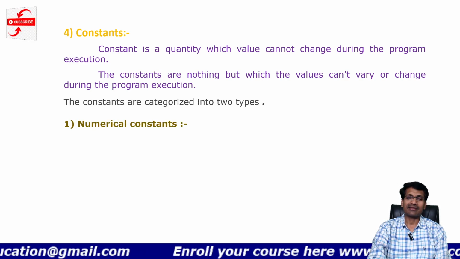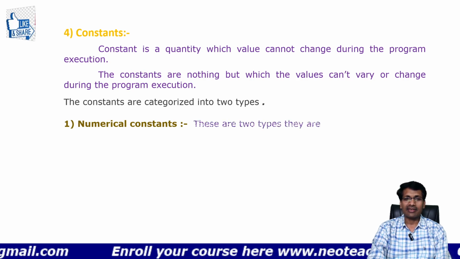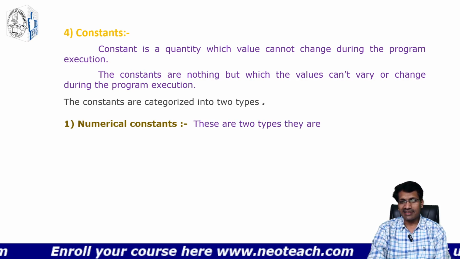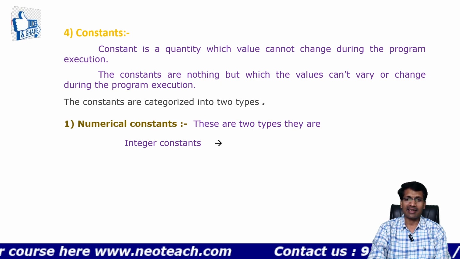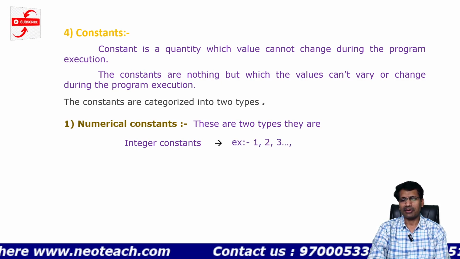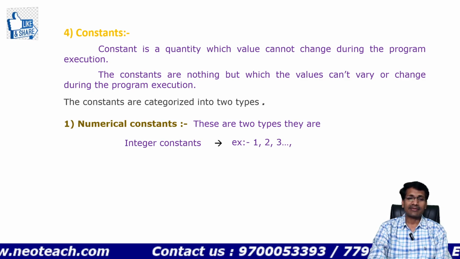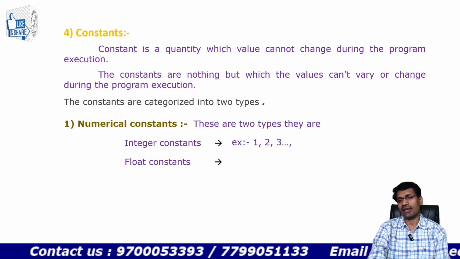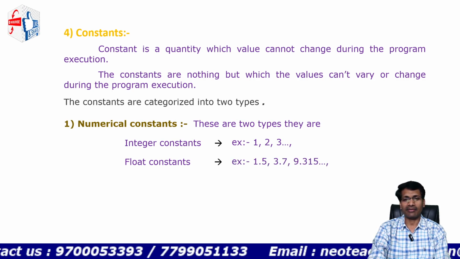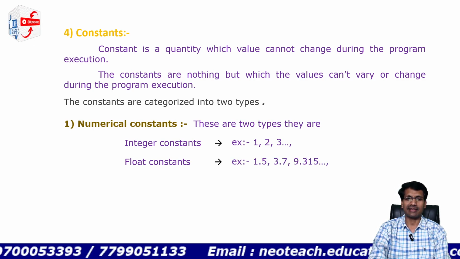The first one is numerical constants, which are further classified into two types: integer constants, like 1, 2, 3, anything, and floating constants, meaning floating point values, like 1.5, 3.7, etc.